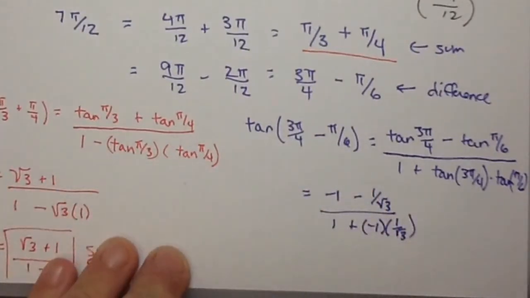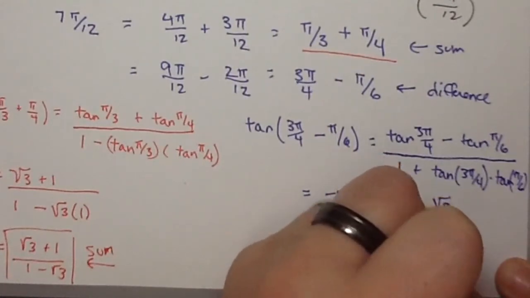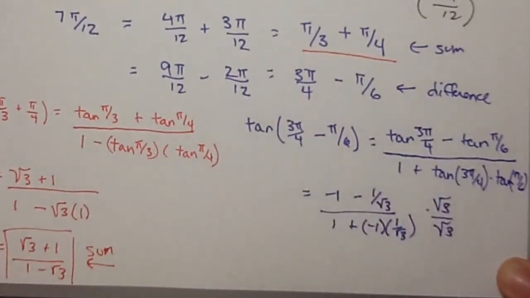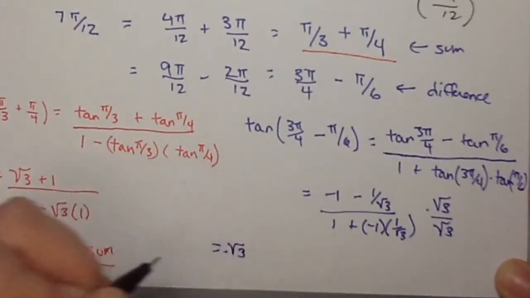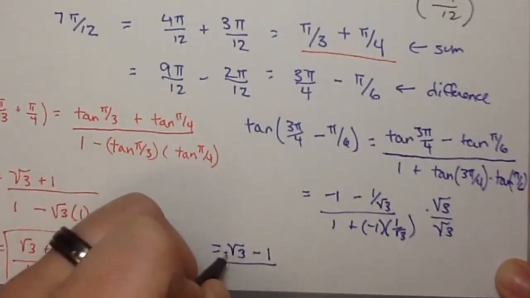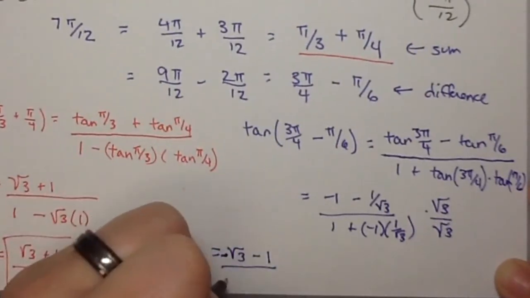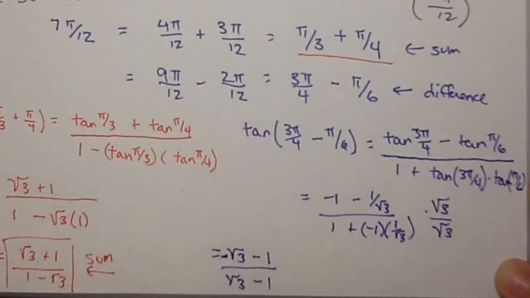Oh, golly bum, what a mess. So the first thing I'm going to do is multiply top and bottom by the root 3, just to make it reasonable. So that gets us to negative square root of 3 minus 1 over the square root of 3 minus 1.